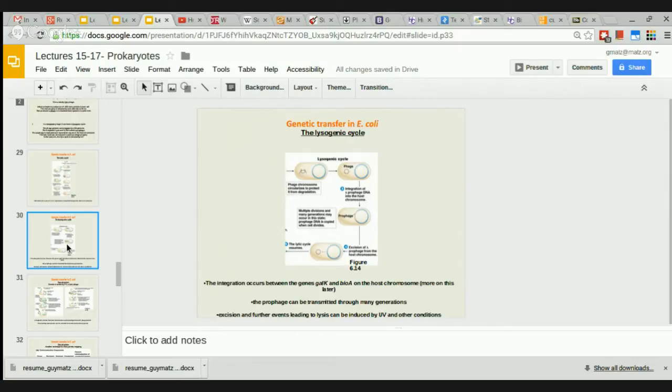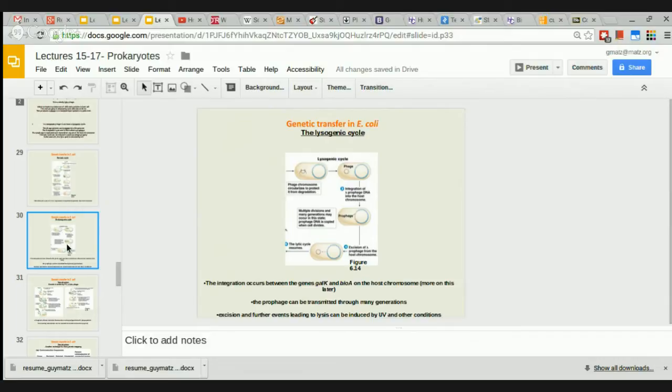But if the cells are not in good conditions, then the phage will integrate in the genome through an enzyme called integrase. Lambda integrase, this is not homologous recombination, it's site-mediated integration. And it always integrates in the same location in the genome, between the genes bioA and galK.